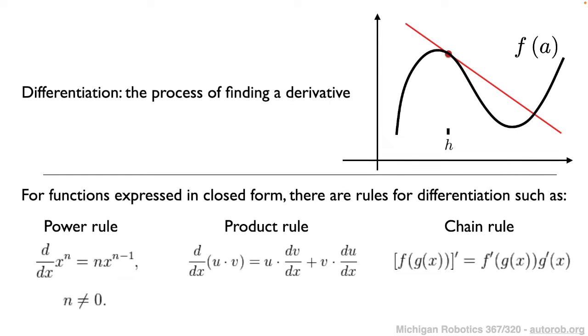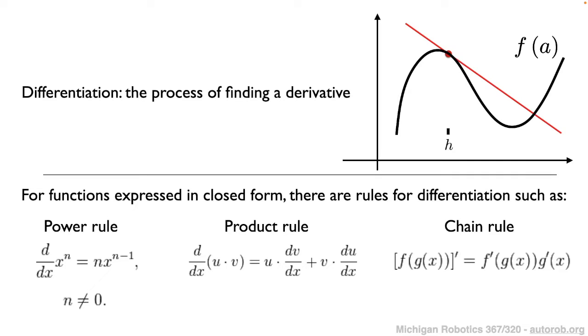So differentiation, to summarize, is this process of finding a derivative for a particular function. We showed how to do that visually by looking for the slope of the function at a particular point. But in terms of being practical for calculations and computations on our computing devices, typically the process by which you will actually be able to implement these concepts is for functions that are in what's called closed form.